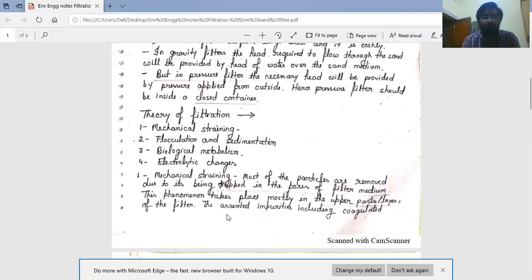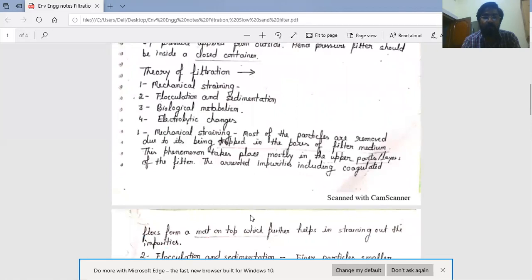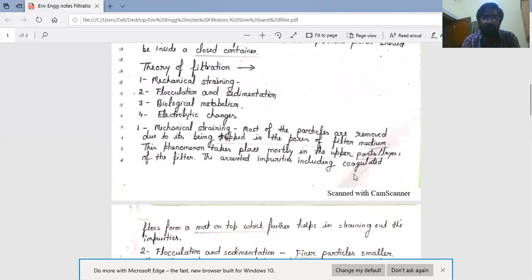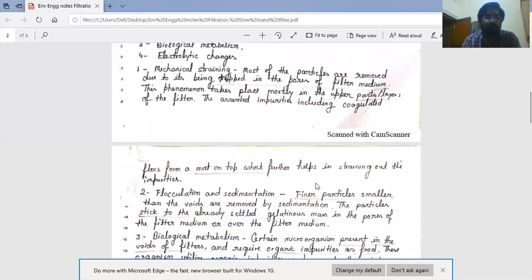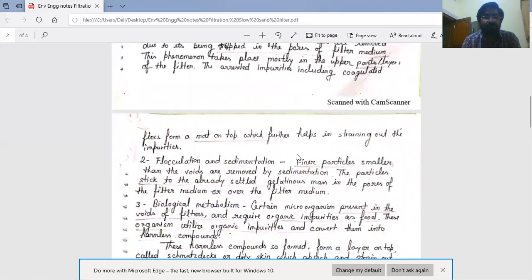The arrested impurities, including flocs coagulated with the help of chemicals, form a mat on top of the filter layer, which further helps in straining out the impurities. This is the first theory, mechanical straining.